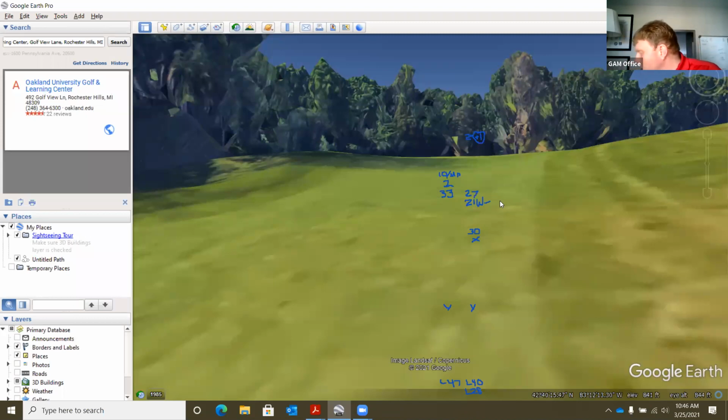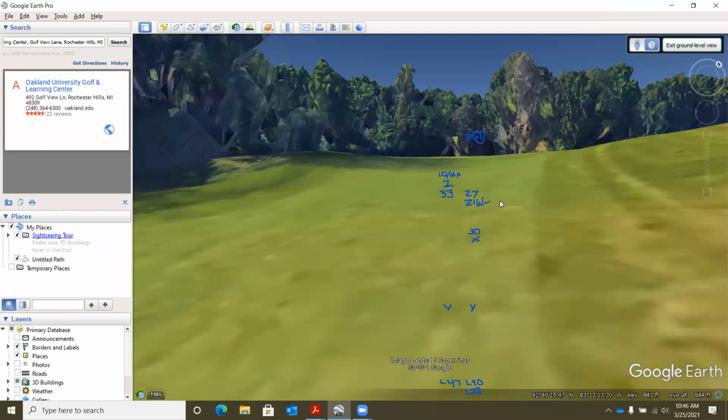But since it's such a short shot, it's not going to impact our shot as much. So let's just say we have a minor to moderate problem. So 0 elevation or less than 10 feet of elevation and minor moderate problem is going to be a 2 if you look in your book.